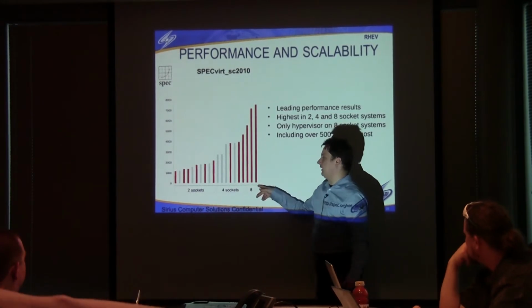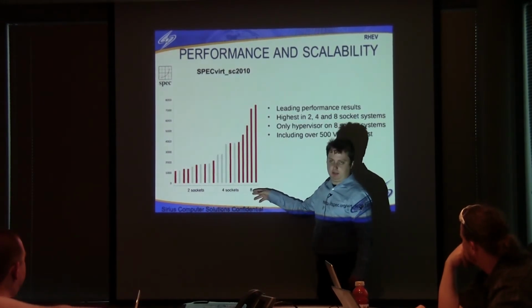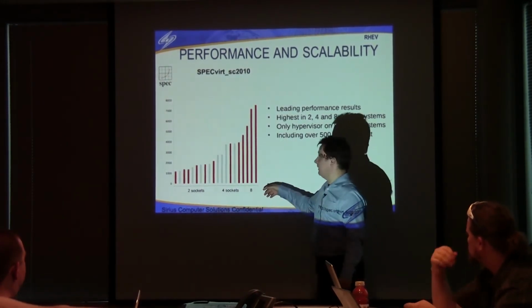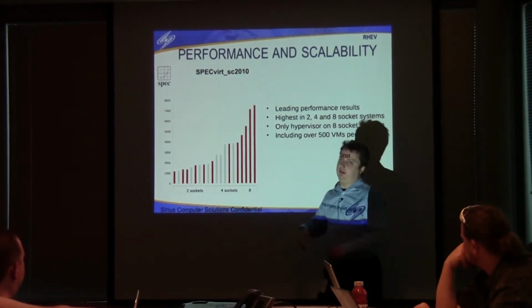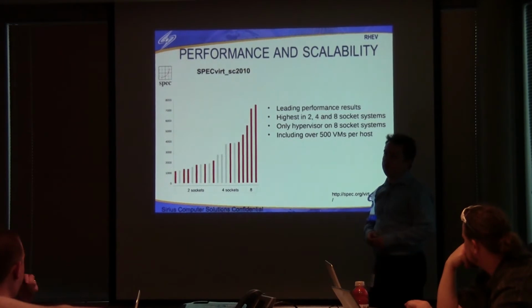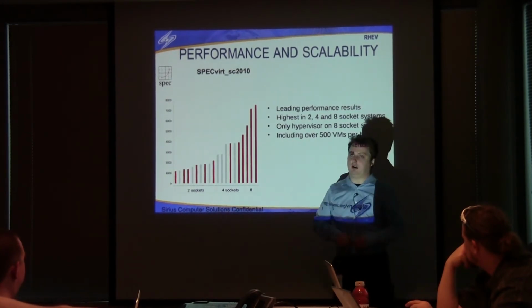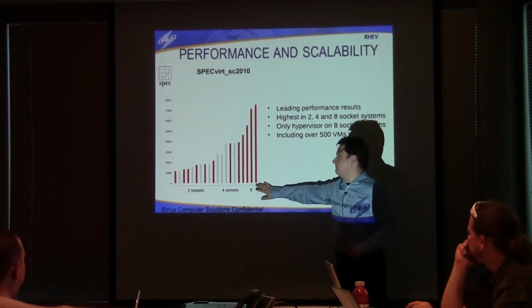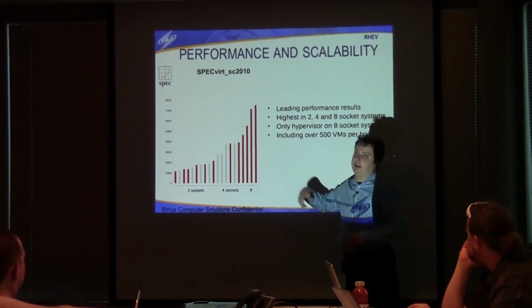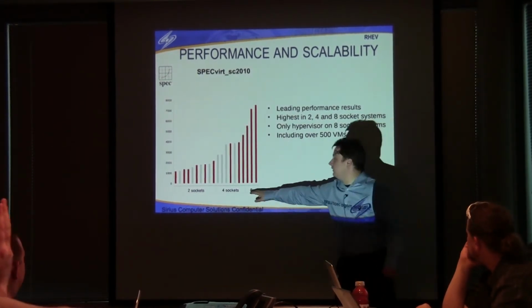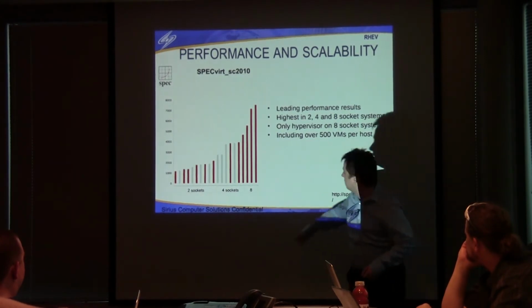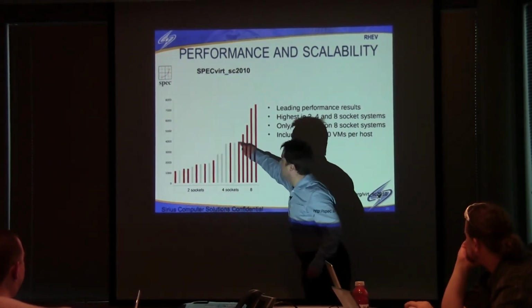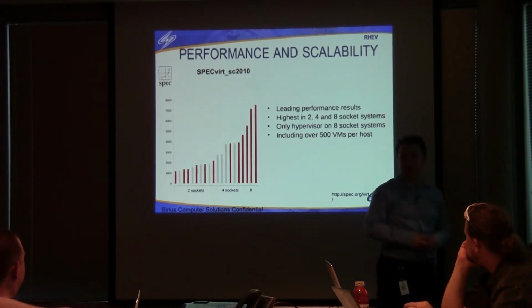VMware may have put in their 8-socket numbers, but back then they didn't. Rev dominates in performance on 2, 4, and 8 socket. And VMware might be a close second in 8, just like they are in 4, but actually Rev still kicks them in the face.